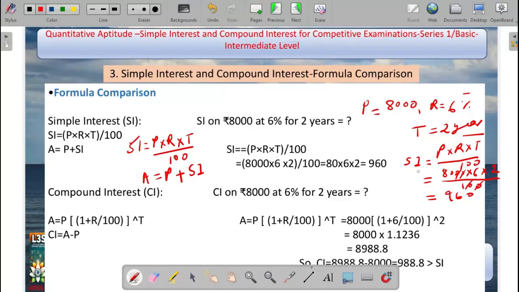So simple interest will be rupees 960. And what will be the total amount he has to pay after this? P plus SI. That means P is 8,000, 8,000 plus 960, so 8,960. This is the amount he has to return.